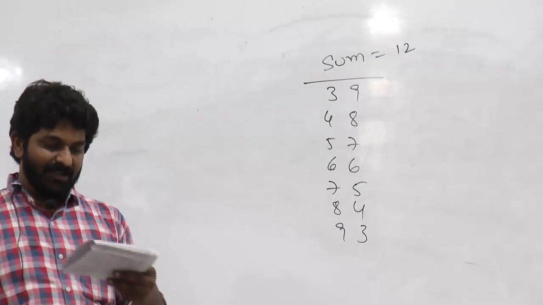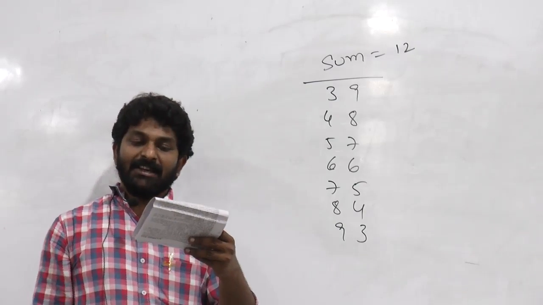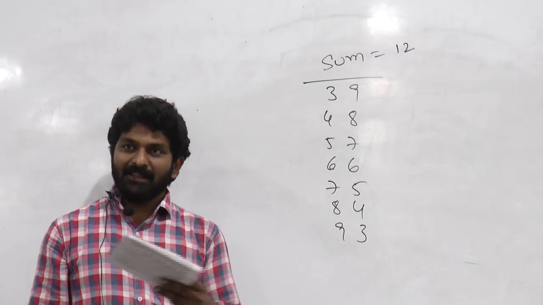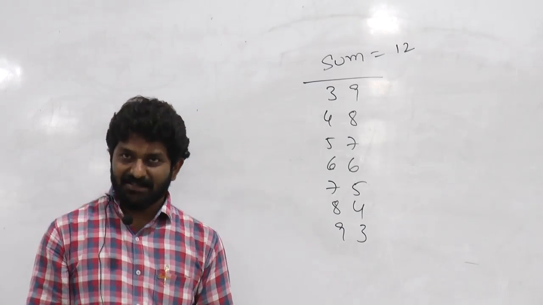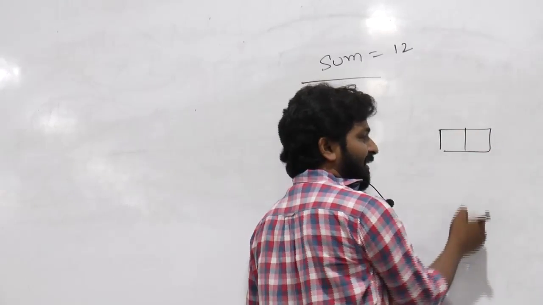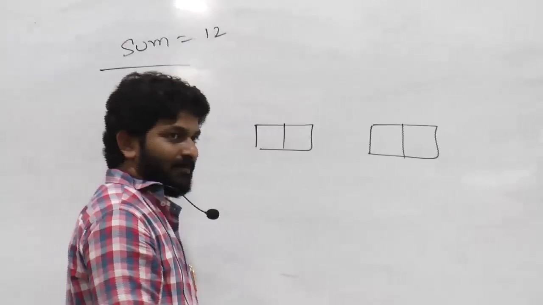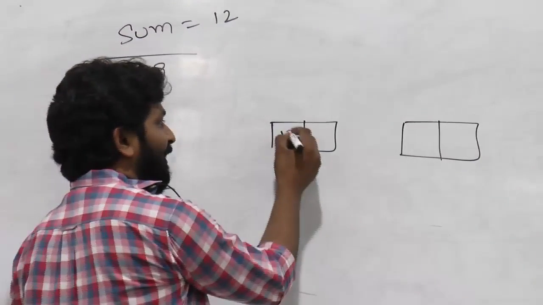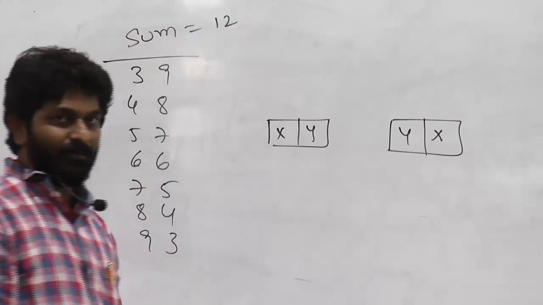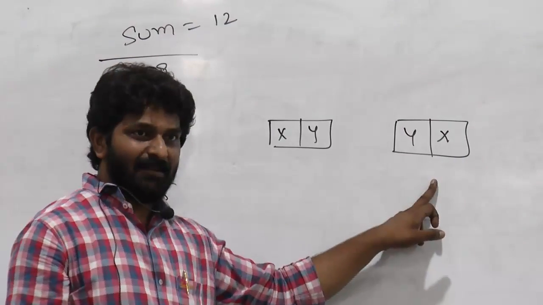The third says the number obtained by interchanging the digits is less than the original number by 36. Let me treat the original 2-digit number as xy, and the interchanged number as yx. This is 36 less than xy.